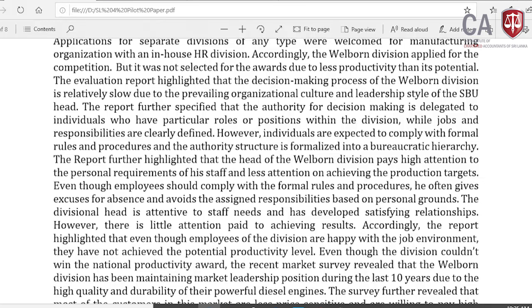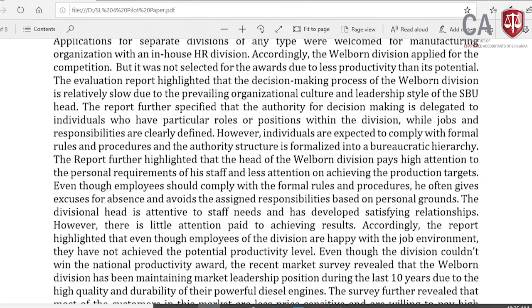One problem is decision making process of the well-born division is relatively slow due to the prevailing organizational culture and the leadership style of the SBU head. There may be some red tape within the organizations, right. The culture may resist to make some of the decisions. Then at the same time, leadership style also not much flexible one.